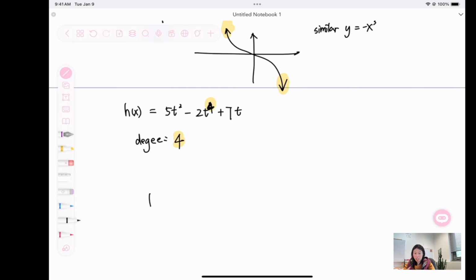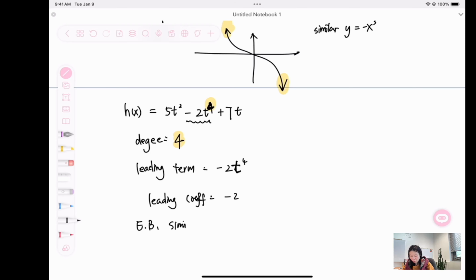The degree of the polynomial is 4. And then the leading term is the one with the highest degree, negative 2x to the 4th, and then the leading coefficient is negative 2.